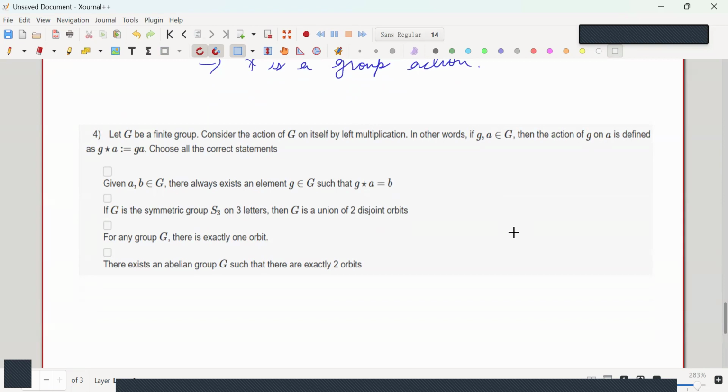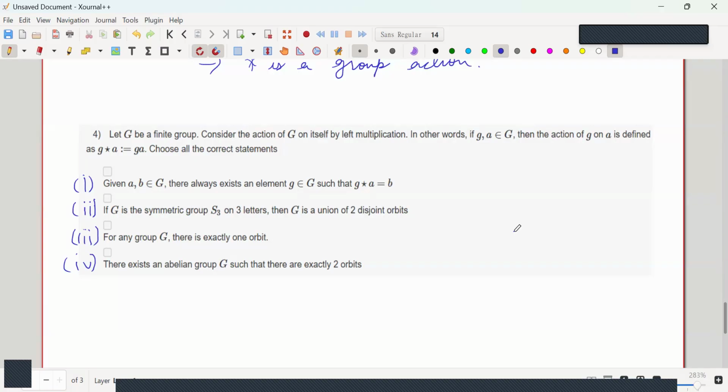First one is: given a, b inside G, there always exists an element small g such that g star a is b. So, in other words, the first option says that there is only a single orbit for this action.